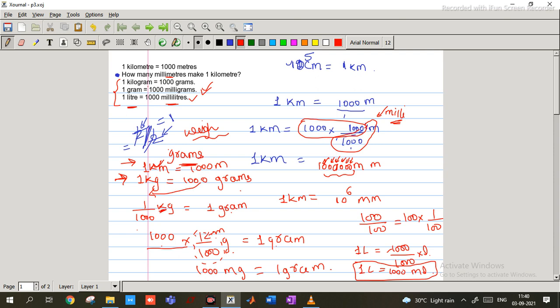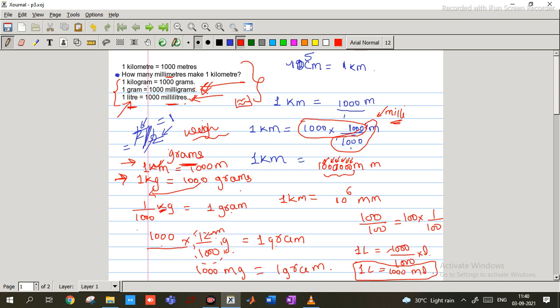But the difference is, this is the weight of a liquid and this is the weight of things like onion and tomato. We cannot measure liquid in grams... we can, but we cannot measure grams in liters, because liter is the unit of water, or we can say liquid. There is more to it, but this is not our subject.